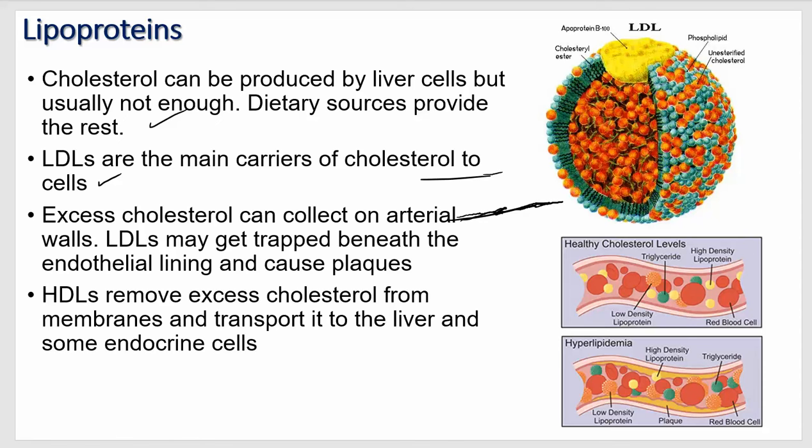And the LDLs will get stuck in those areas. And then you have something called macrophages. We don't need to know all this really. Macrophages will come down and try to eat it and clear it out. And then that doesn't work. So then we end up with smooth muscle and stuff moving over it and walling it off. It's very beautiful. Not in real life though.